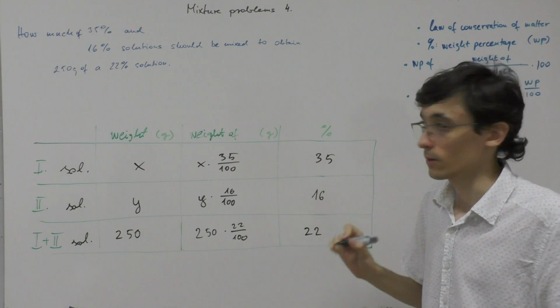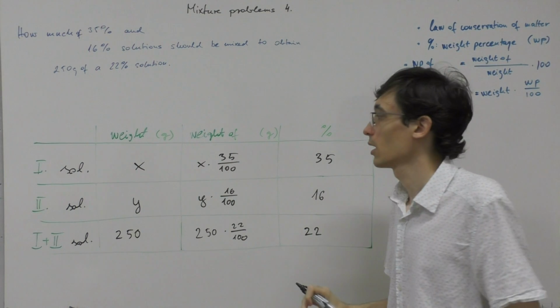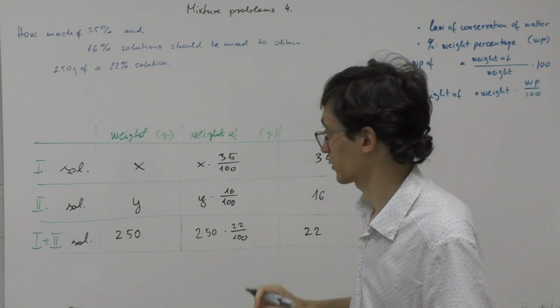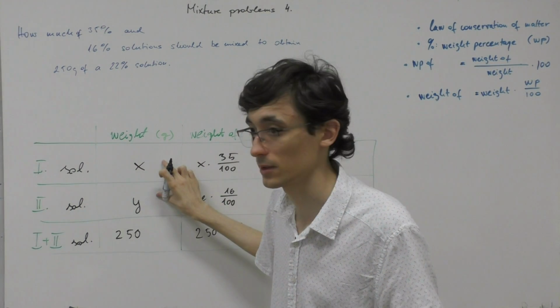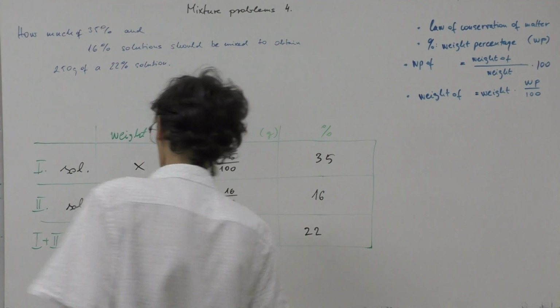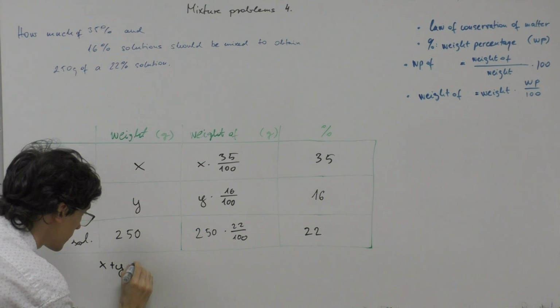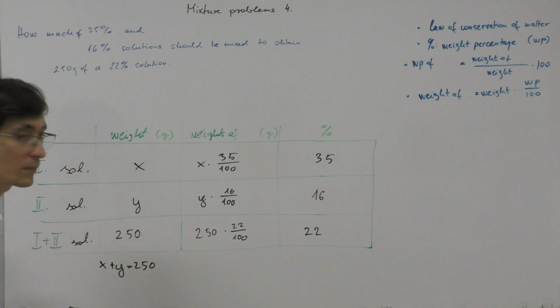And now we can use the law of conservation of matter to write two equations. First, adding these up, we get this. So we have x plus y equals 250.